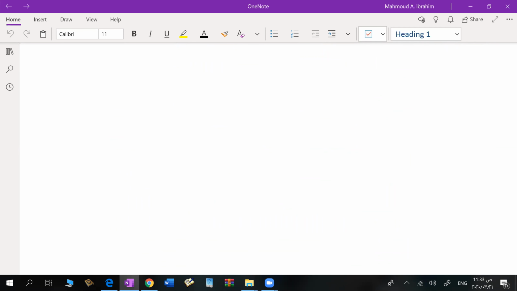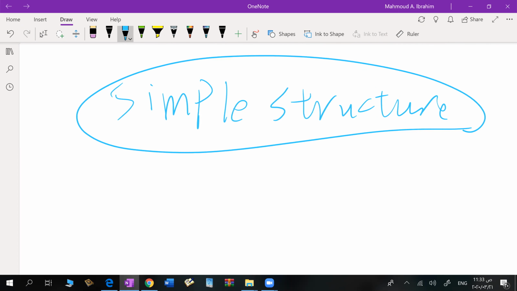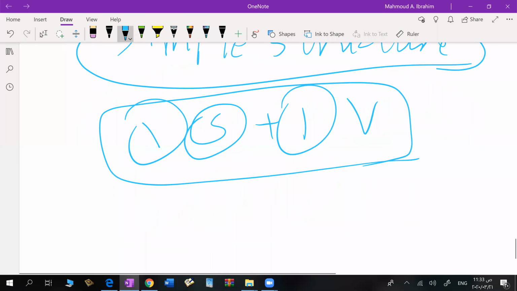Everything that we talked about so far is simple structures, meaning one subject and one verb in the whole sentence.